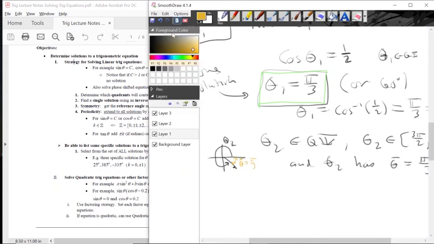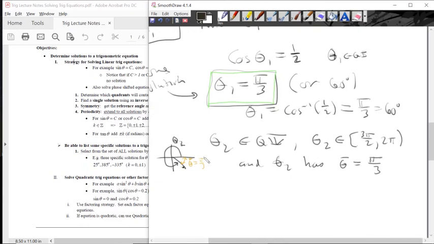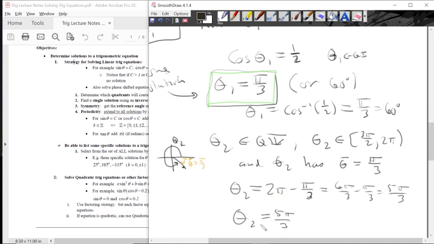So using that geometric interpretation, we can see how to find theta 2, using the formulas we've already looked at before in this course. Theta 2 is equal to 2 pi minus pi over 3. That's equal to 6 pi over 3 minus pi over 3, which is 5 pi over 3. So we have theta 2 equal to 5 pi over 3.